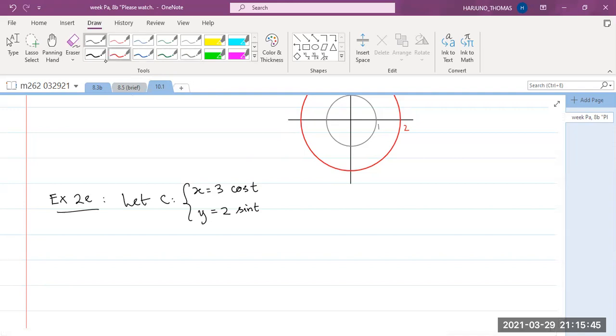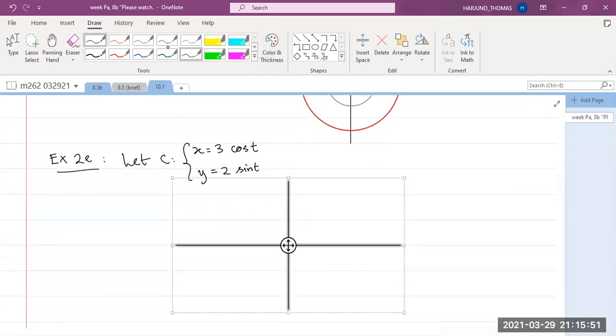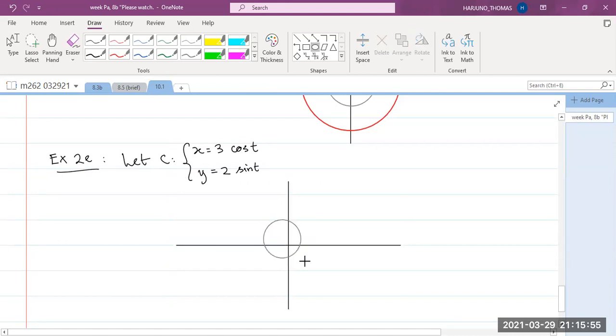It means we start from a unit circle, and you extend horizontally by a factor of 3. So this 1 unit becomes 3 units, right?